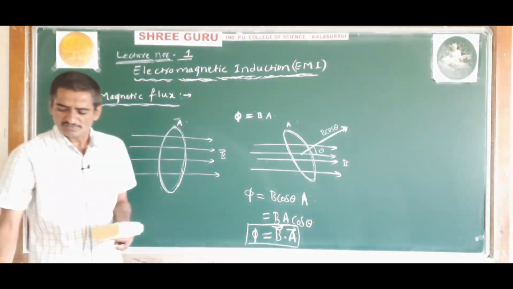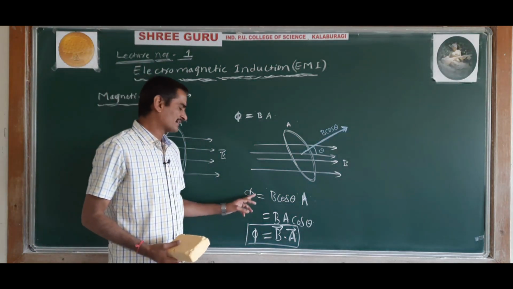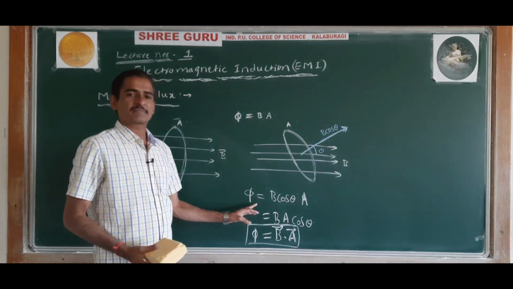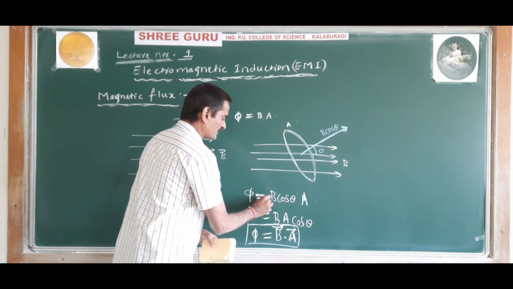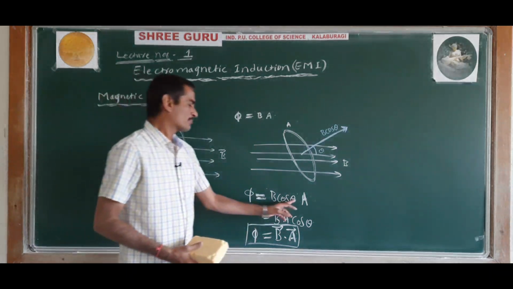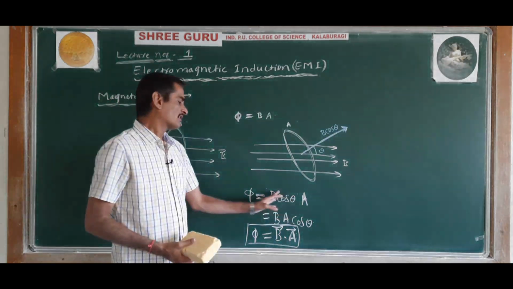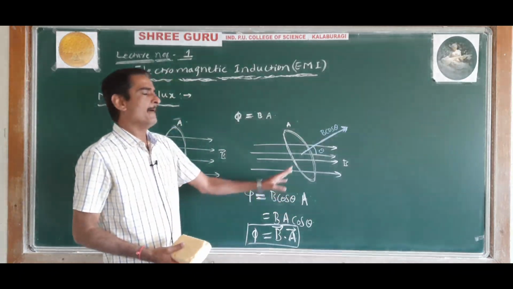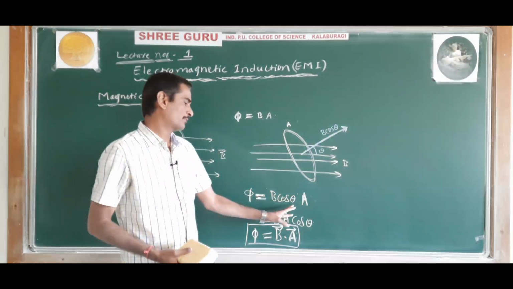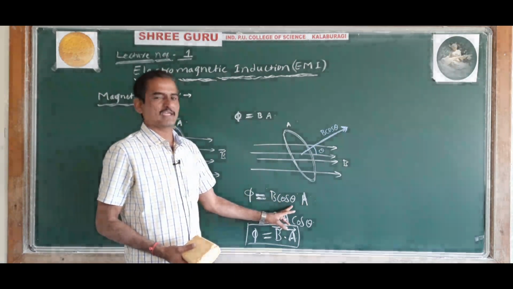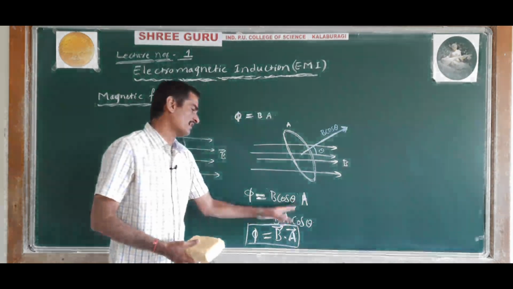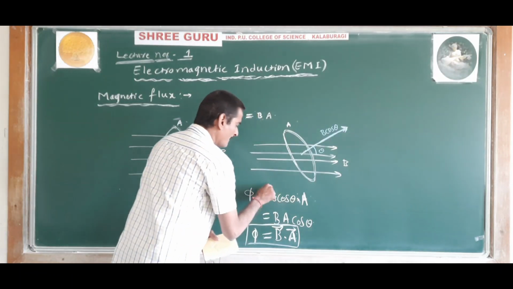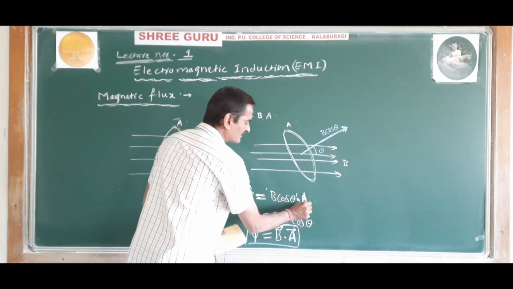Once again, I will repeat. The magnetic flux through a surface is measured as the product of the component of the magnetic field perpendicular to the area and the surface area.